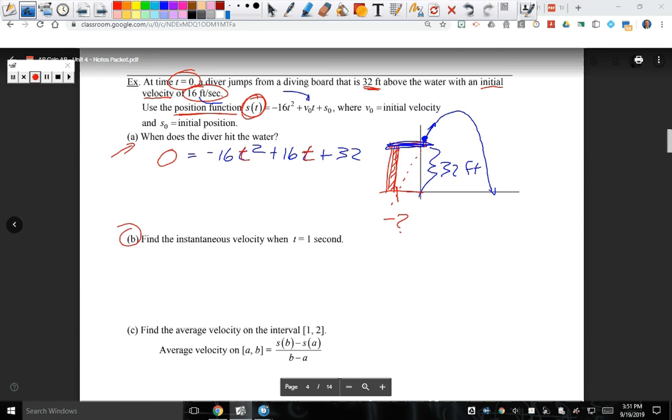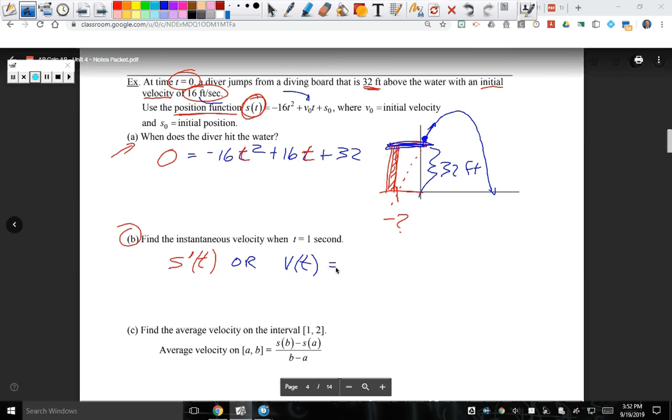Find the instantaneous velocity when t is 1. Arjun, what do I do? Find the derivative. So s prime of t, which you could also write as v of t. Notice that I don't have that prime on v of t.